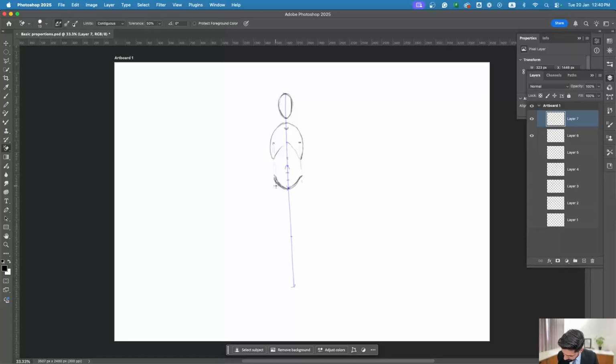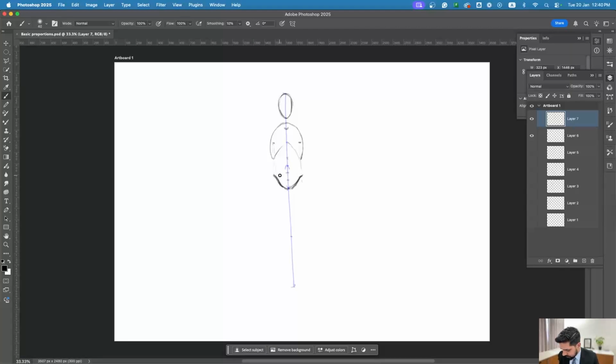Okay, I'll clean this up a little bit. So this is essentially a juncture. Okay, it's a junction that you have to understand.